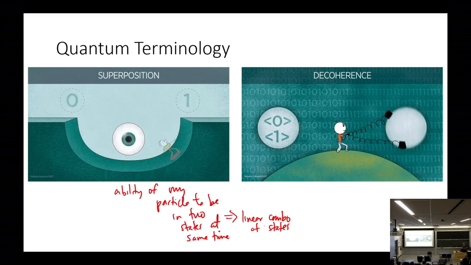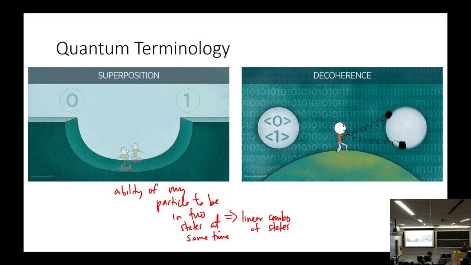So the problem with superpositions is that they're very fragile. They don't hang around easily. Doing anything to them can potentially break them. Certainly measuring them breaks them, right? We know that. That's kind of by definition. But there's lots of other things that can break my superposition.